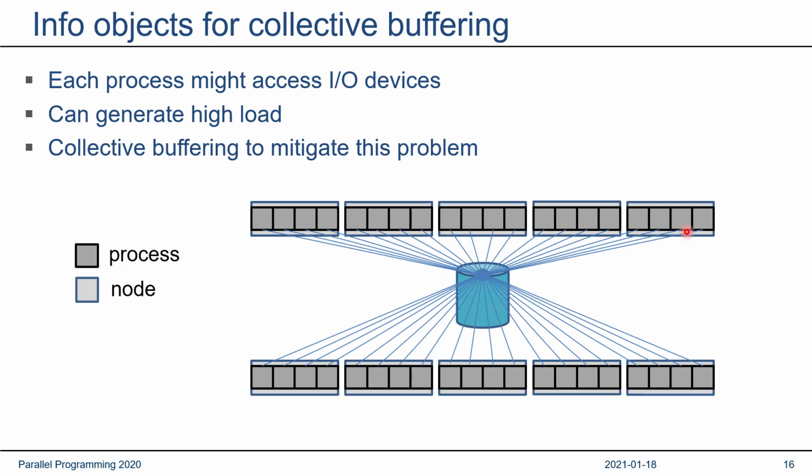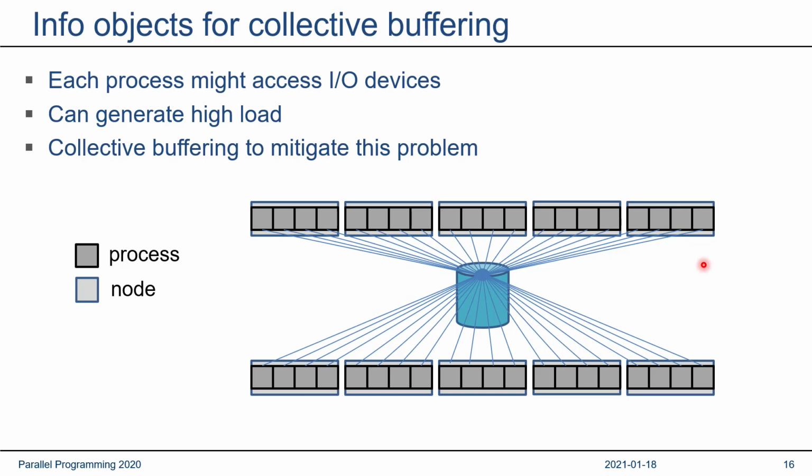However, if you do parallel I/O, the operating system doesn't know that you're doing parallel I/O. All that it sees are processes doing I/O, and it tries to do its best to buffer this I/O data traffic to the best of its knowledge. However, if you know that you're in a parallel program, it might be useful to use so-called collective buffering. And this is what a typical system looks like.